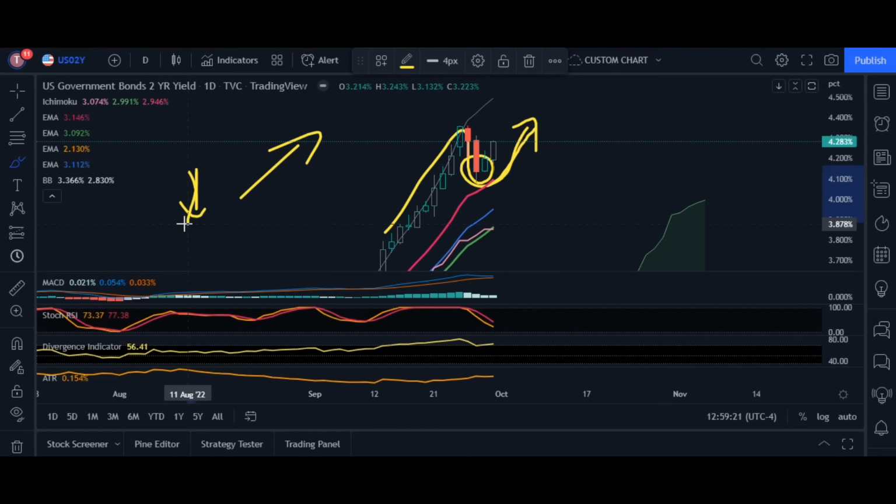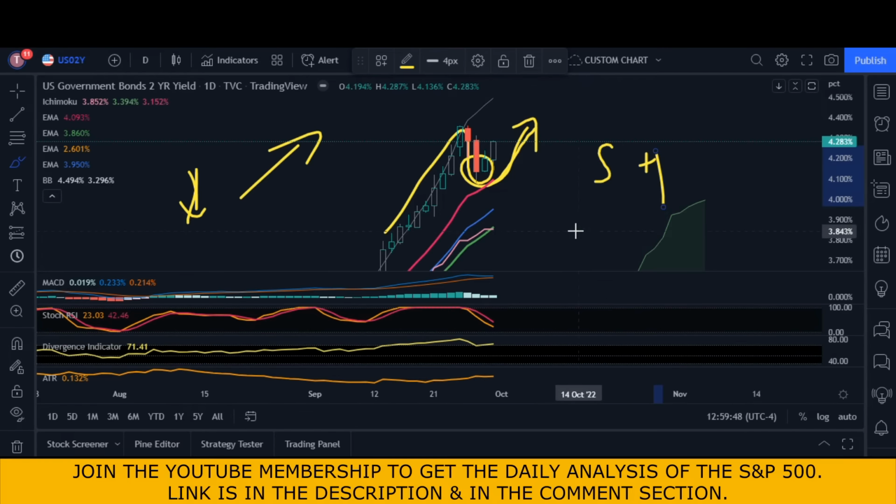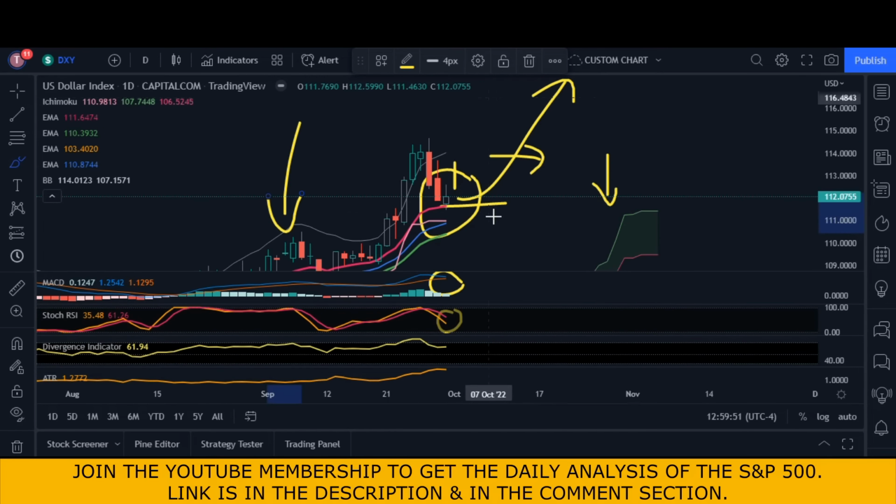this means that there is a very heavy demand for the bonds. It means the big players, the hedge funds, are looking for a safe haven. They want to park their money in something more reliable, and bonds are more reliable. So we have seen that the bond yield is increasing and that the dollar index is expected to increase.